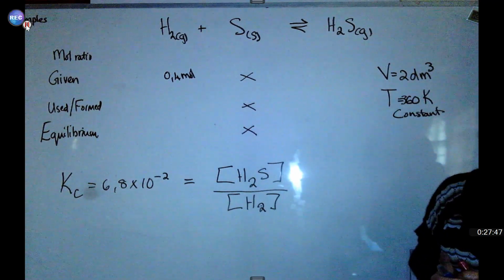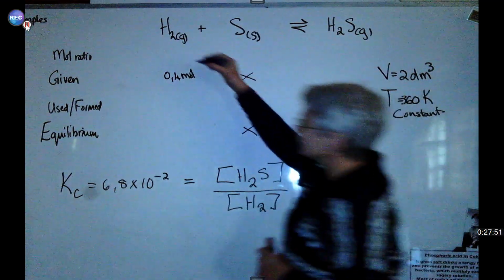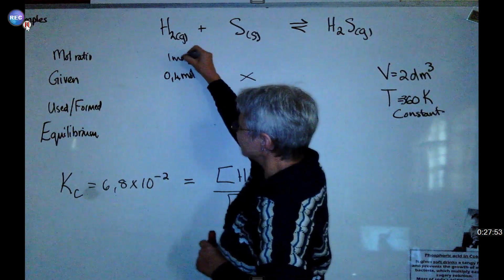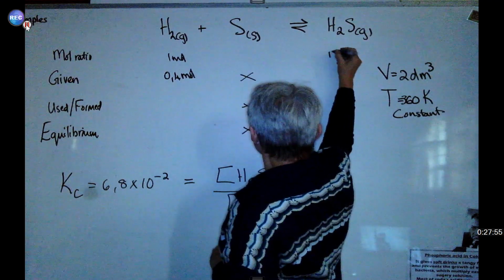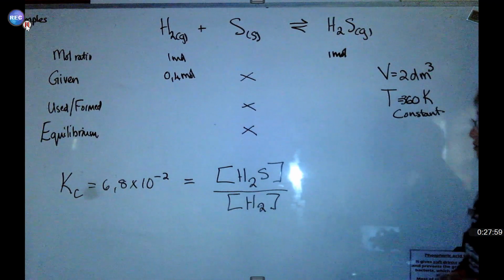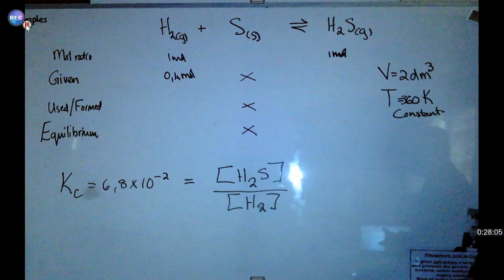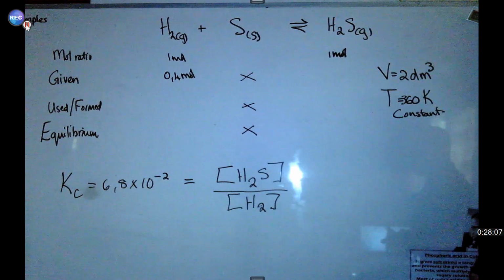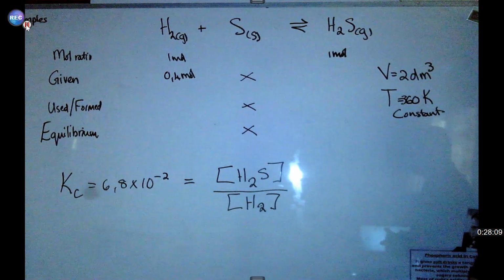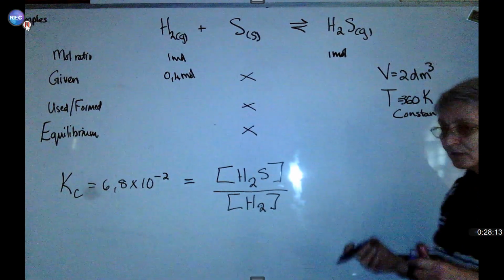The mole ratio is 1 mole to 1 mole. Now in maths, if you don't know what is used or formed, you change it into an X. X is a variable.